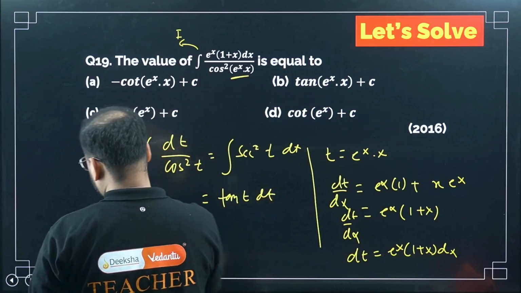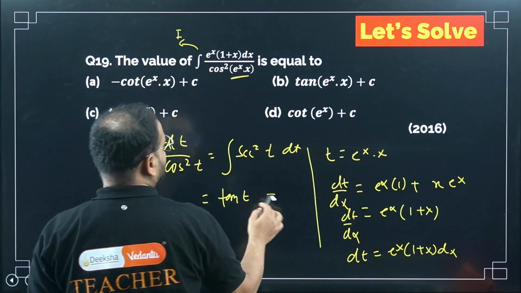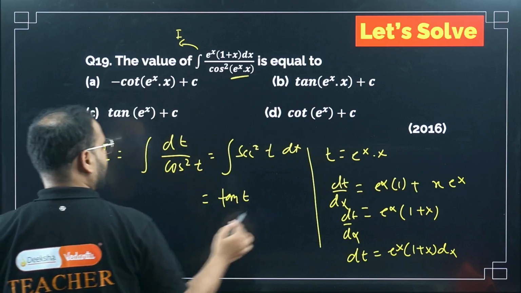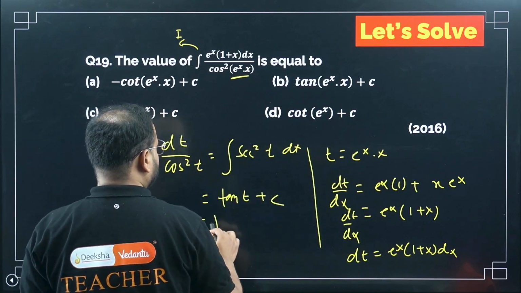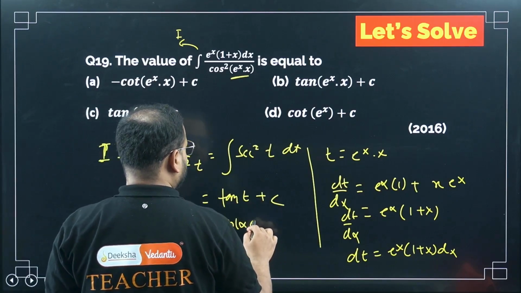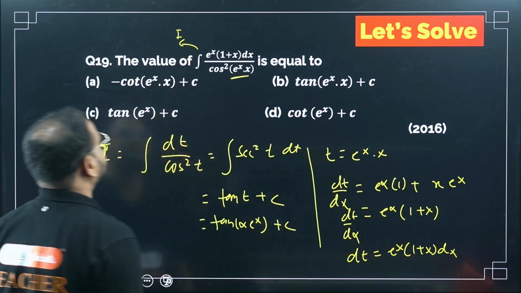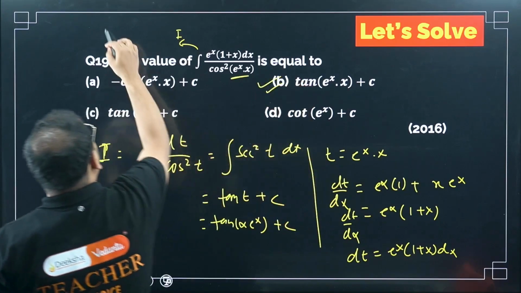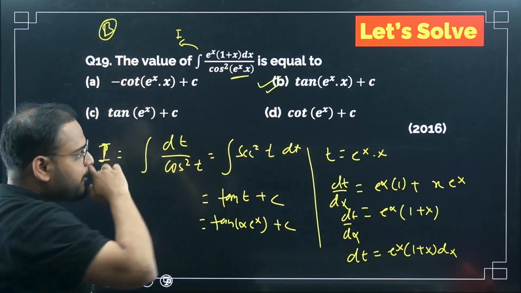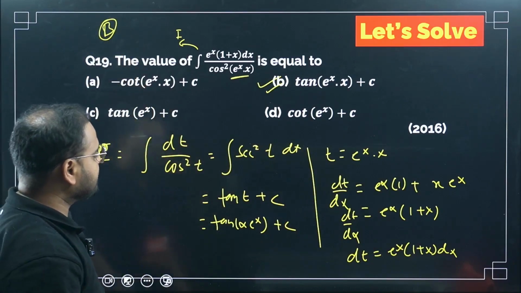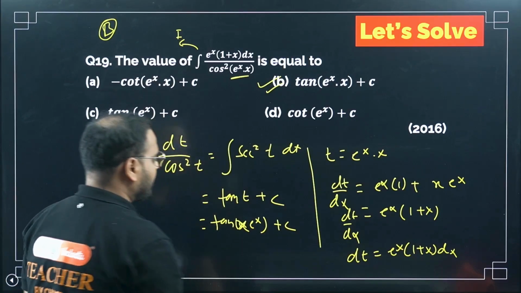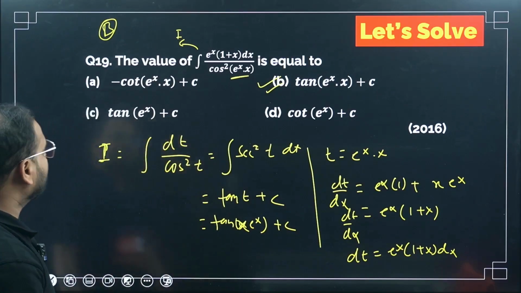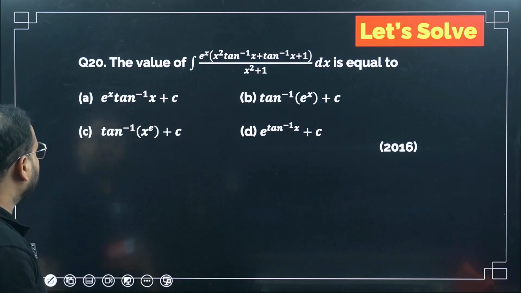Not dt, sir, integration is over. tan t plus c. How much is tan t? tan of x e power x plus c. Option number B. Simple problem, sir. tan of x e power x, this is x, bacha. tan of x e power x plus c. Okay. Moving on. Question number 20.